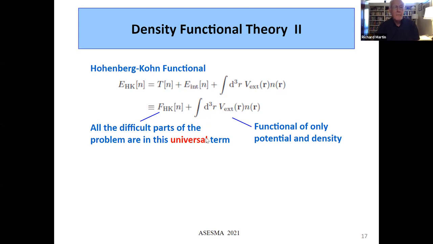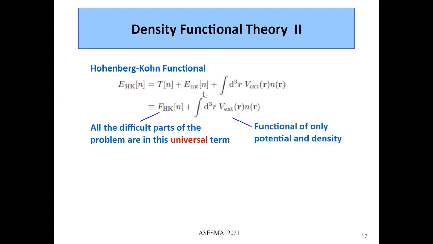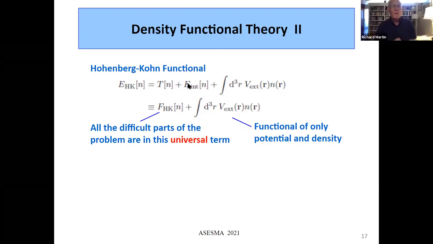So it must be universal because everything in here involves only the electrons and has nothing to do with the external potential. The values do depend on the external potential because the density is a functional of the external potential, but the sense in which they depend on the density must be universal.